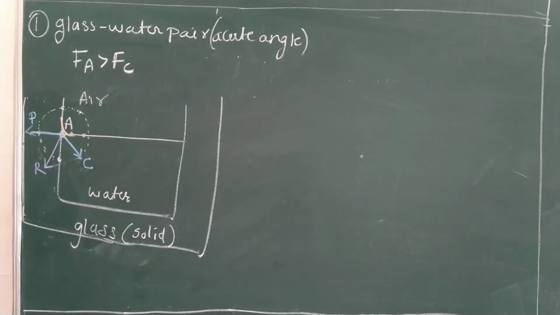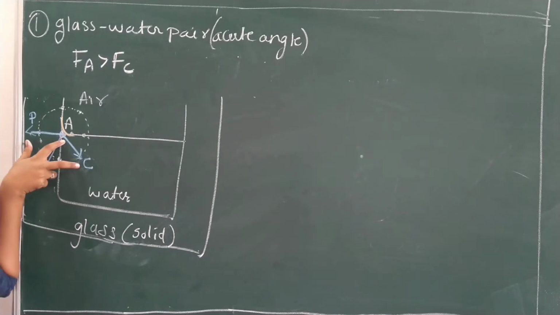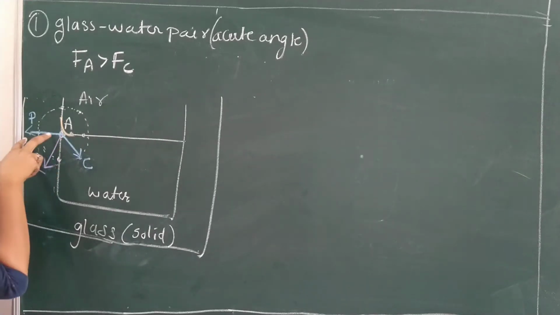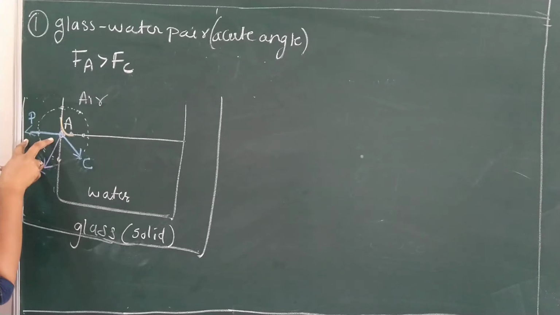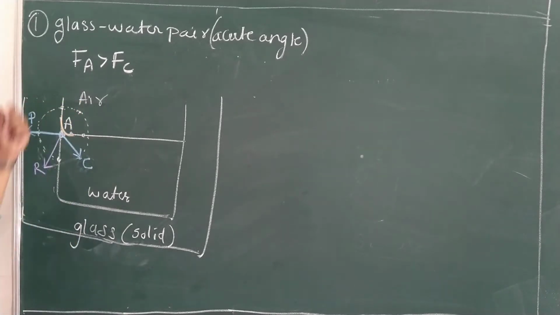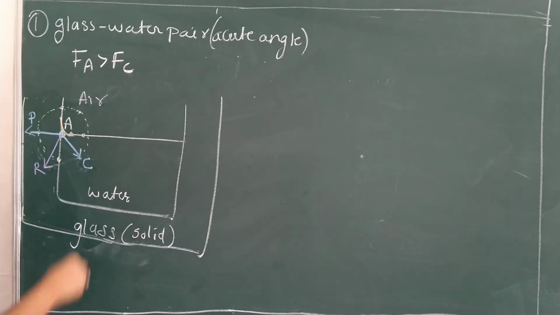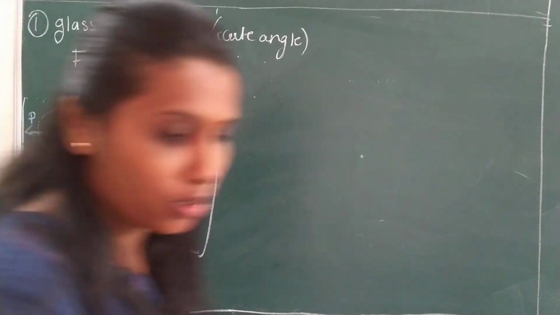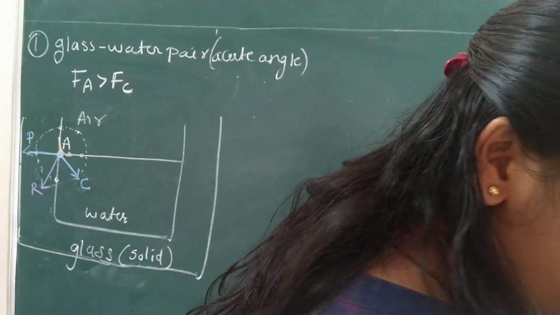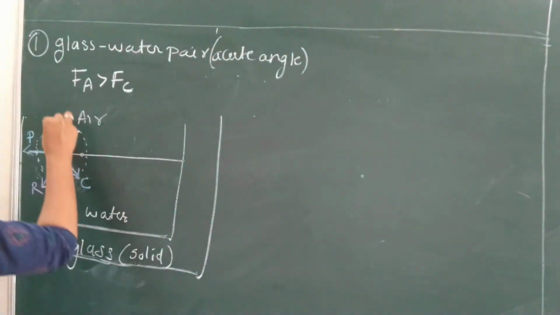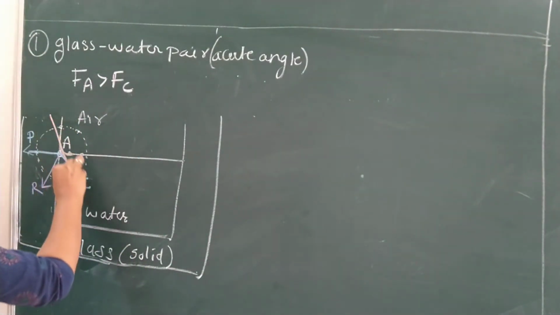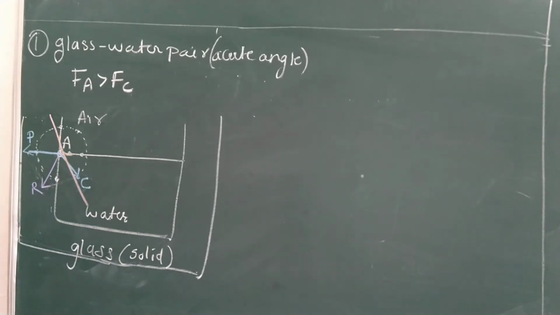As you can also see by the components, I have shown the cohesive force component length smaller than the adhesive force component. So in this case always remember your adhesive force is greater than cohesive force. Now for finding the angle of contact, you always draw a tangent to the curved surface. Let's say this is my tangent drawn to the free surface.